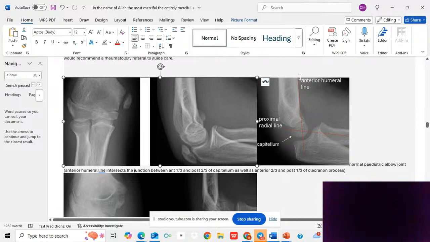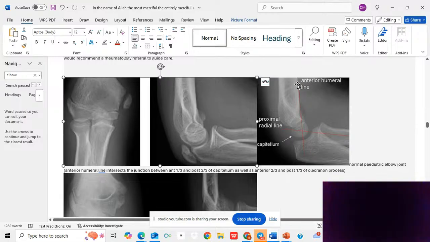And if the anterior humeral line intersects the anterior 2/3 and posterior 1/3 of the olecranon process, this means that the olecranon process is normally located without any dislocation.